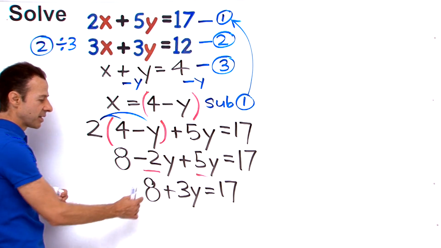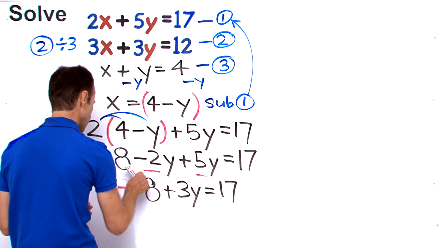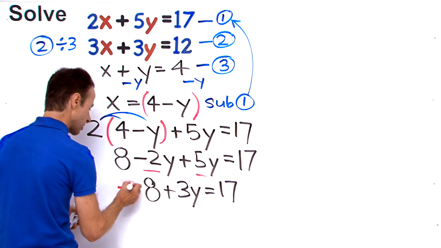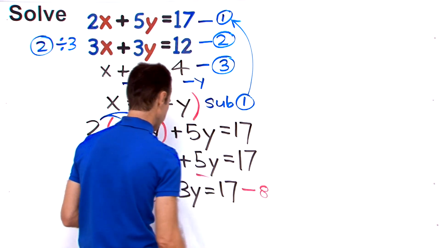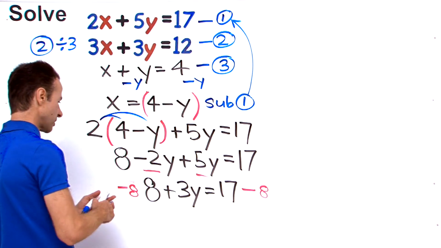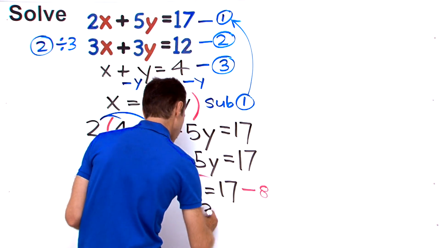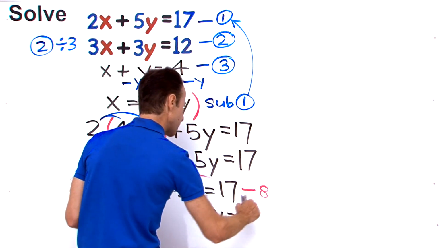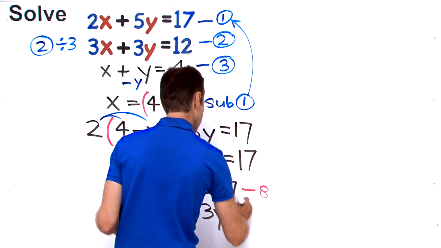Let's eliminate the 8 from both sides. Sorry, not divide, we're going to subtract 8 from both sides. So 8 minus 8 is 0, so we're left with 3y equals 17 minus 8. That's going to give us a value of 9.